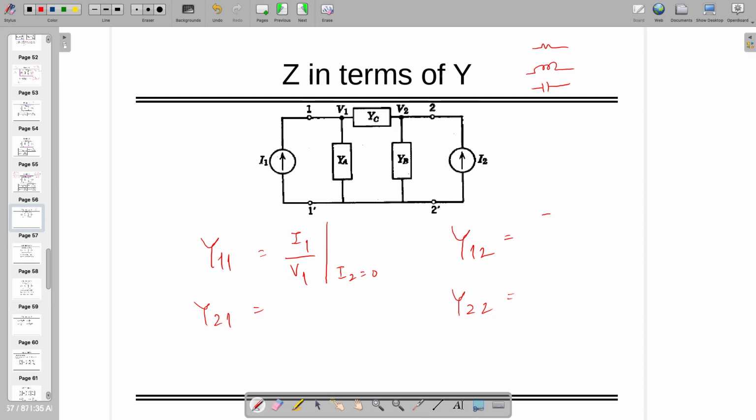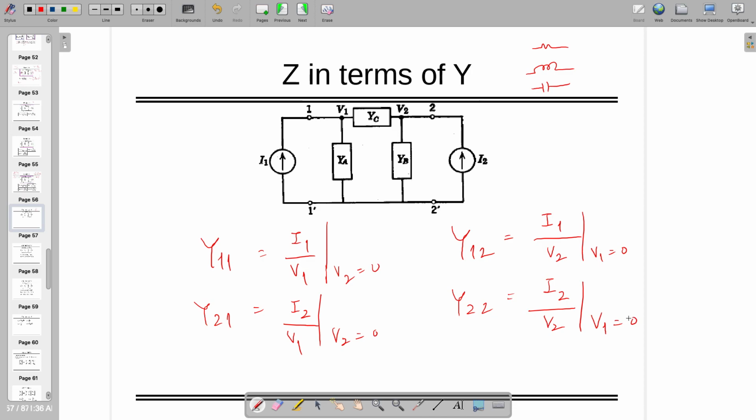This one is I1 divided by V2 when V1 equals 0, because this is short circuited, and V2 equal to 0 for the other. Similarly, you can find I2 divided by V1 when V2 equals 0, and this one is I2 divided by V2 when V1 equals 0.